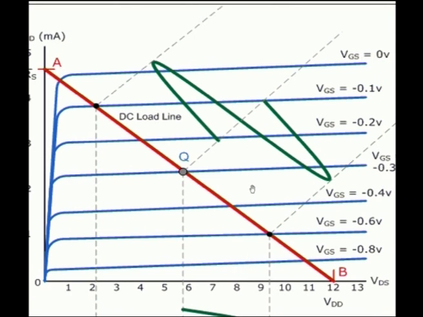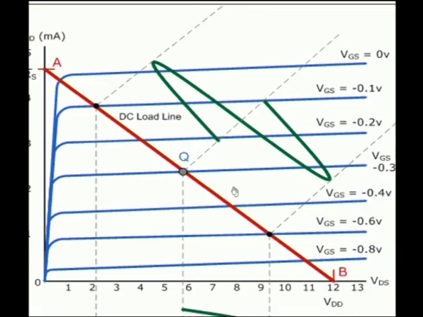And we know that a class A amplifier works for the whole 360 degrees of its input cycle. So, you have to locate the middle of the DC load line. So, locate it at this middle point. It is now the Q point of the FET for class A operation. If you consider the middle point in the active region of the FET, then it is the class A configuration.